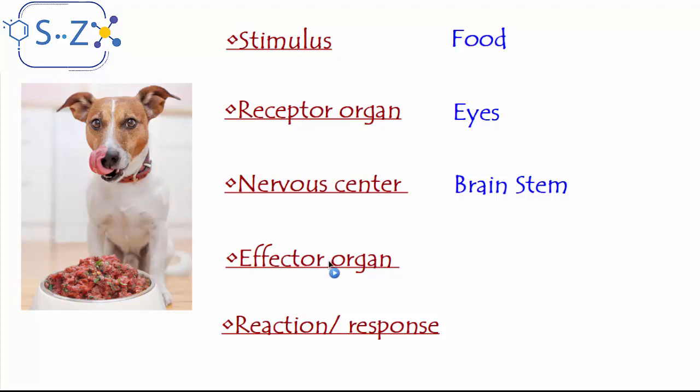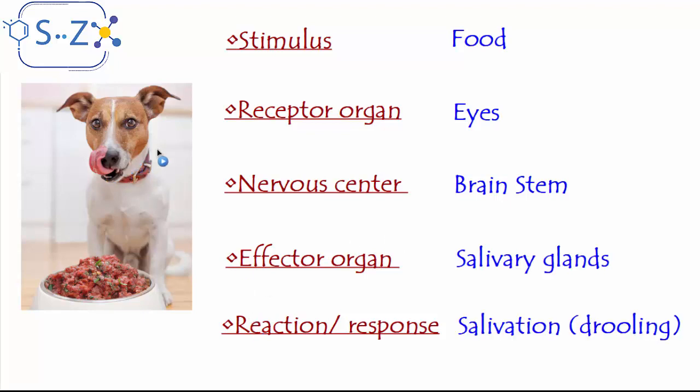Then the brain stem will send the motor nervous message or the command to the salivary glands, which are also in the head, because the reaction here in this case is drooling or salivation, which is excessive secretion of saliva.